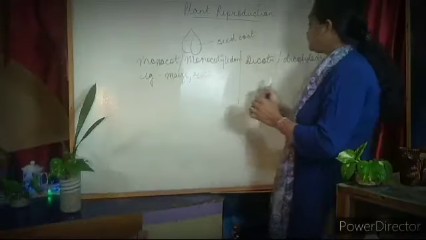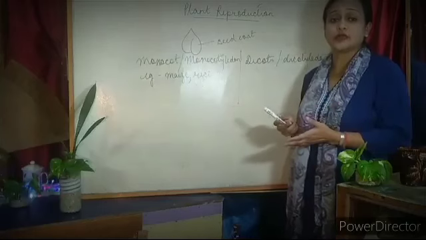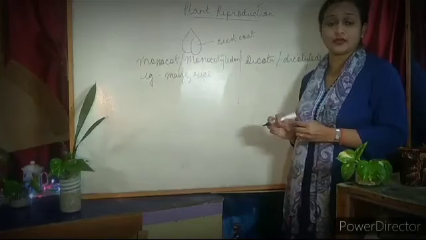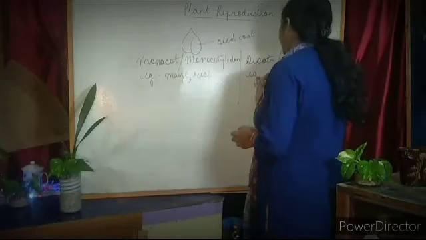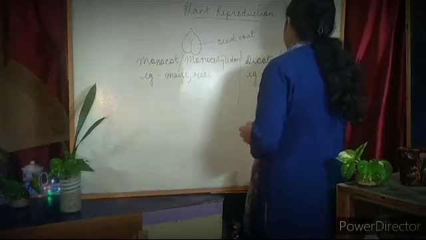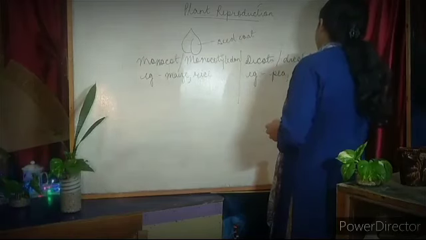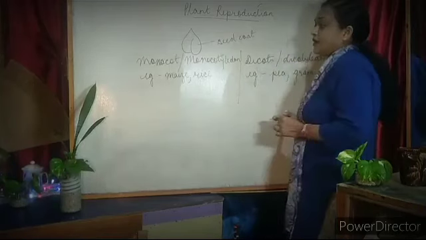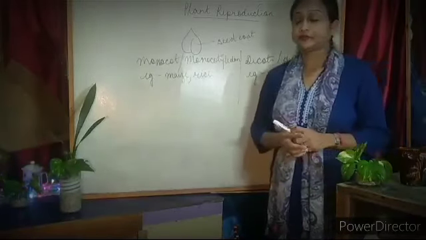Rice. Then in case of dicot, the plants which produce seeds with two cotyledons are known as dicotyledonous plants or dicot. For example, pea, gram, etc. Now you will be asking me, what is a cotyledon?